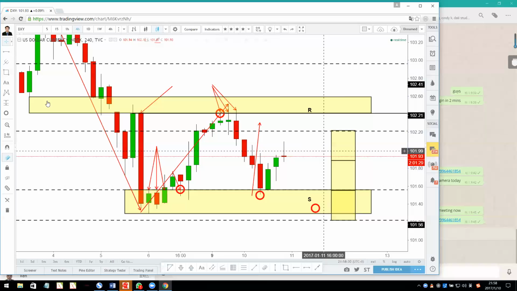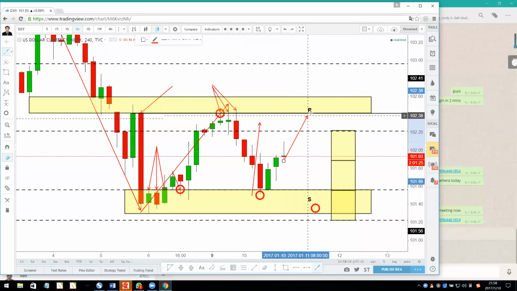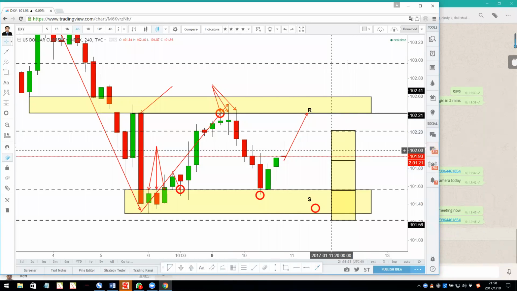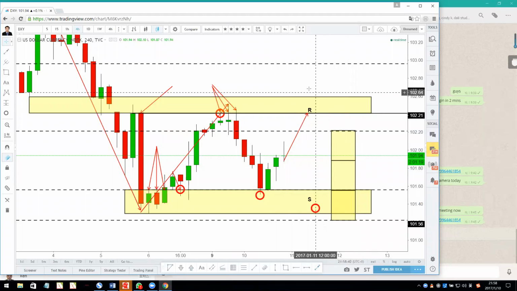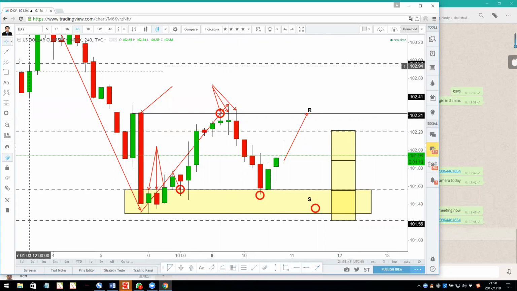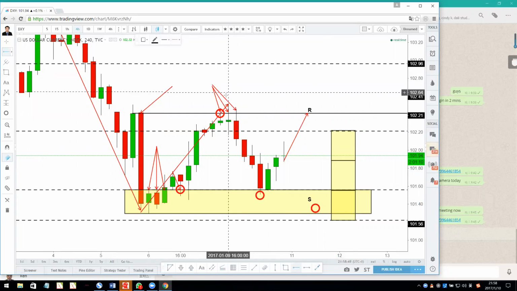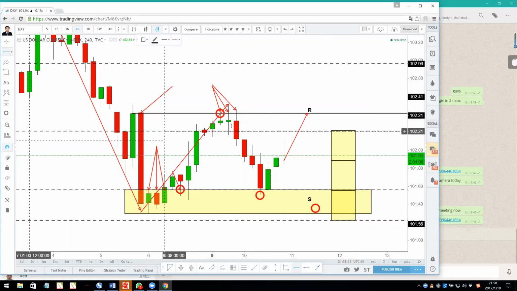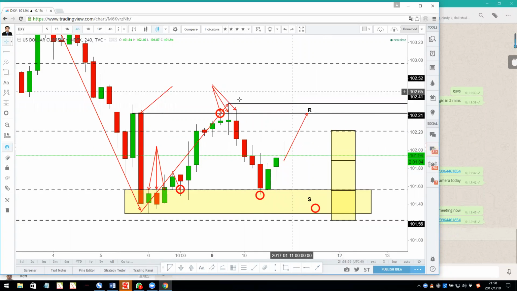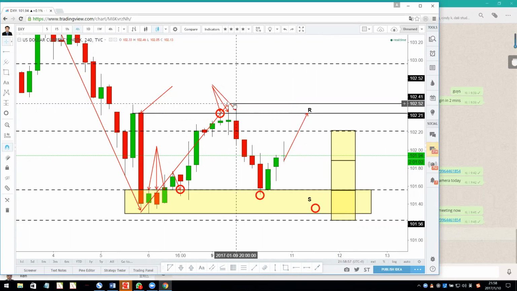The second option is you can wait for the price to come back to this resistance area, and you can short, right? So if you short here, where is your stop loss? My stop loss should be just above this pin, right? Am I right to say that?